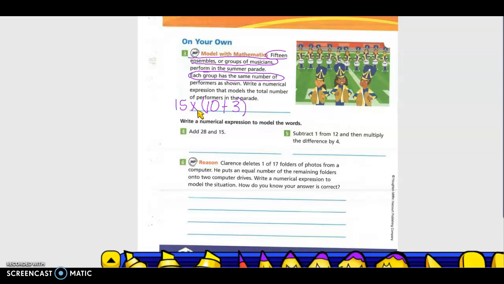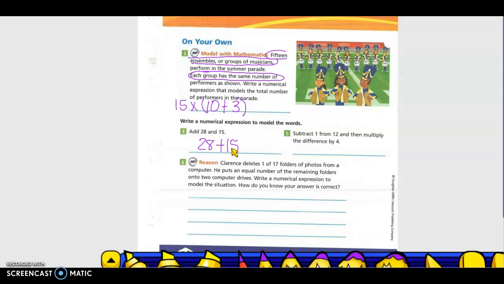Okay. Write a numerical expression to model the words. So add 28 and 15. So what would I write for that? 28 plus 15. Okay. Next one, subtract 1 from 12 and then multiply the difference by 4. So we're going to do what we need to do first.